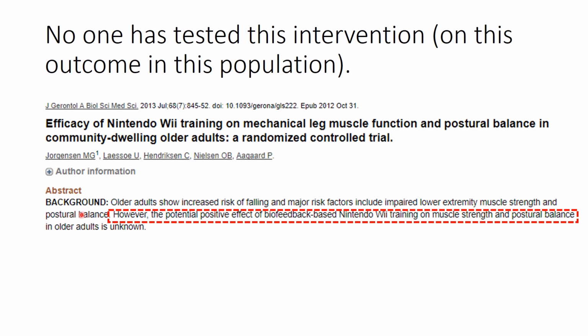So in this population, this outcome, extremity muscle strength, is important, and it's important because it's a risk factor for falls. That's what it's saying in the middle. However, the potential positive effects of biofeedback-based Nintendo Wii training, this intervention, on this outcome, muscle strength and postural balance, in this population, older adults, is unknown. So what they're saying is they've got a unique intervention.